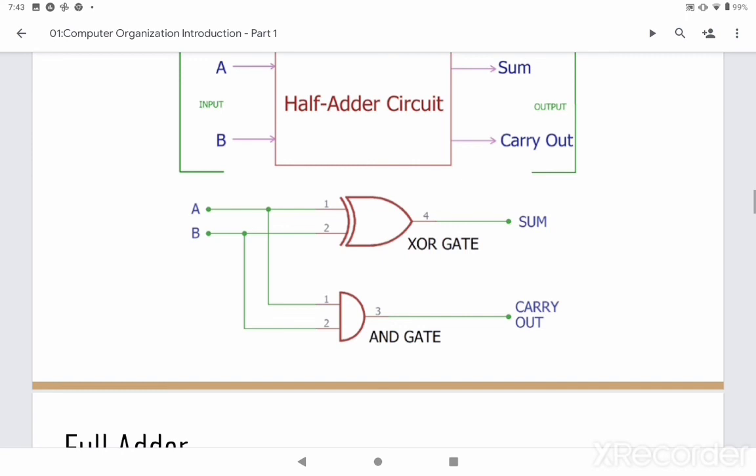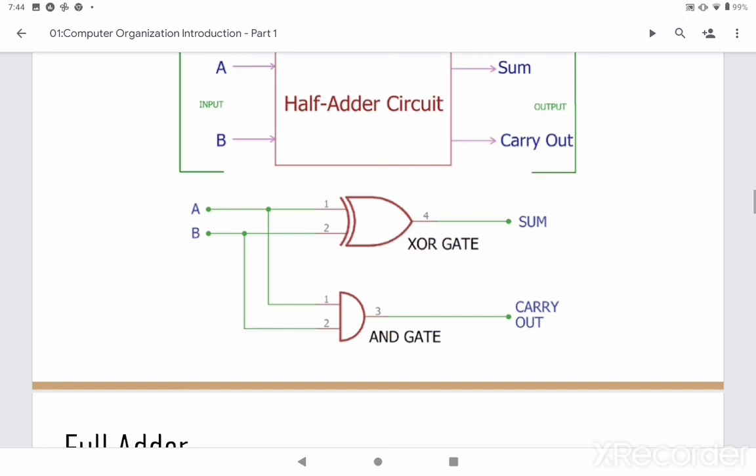Then the next gate you can see is the AND gate. In the case of AND, we have to get two inputs as 1. Then only we can get the output 1. Just to brief it, if I am giving A equal to 0 and B equal to 0, then my carry will be 0. If I am giving A equal to 0 and B equal to 1, again the answer will be 0.